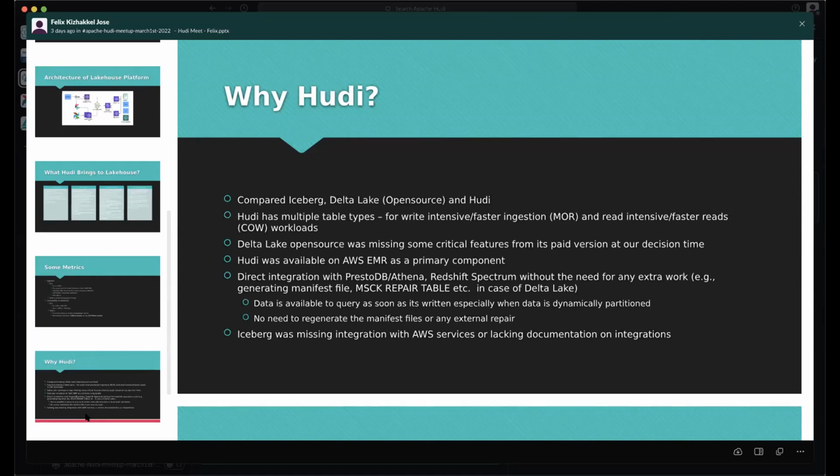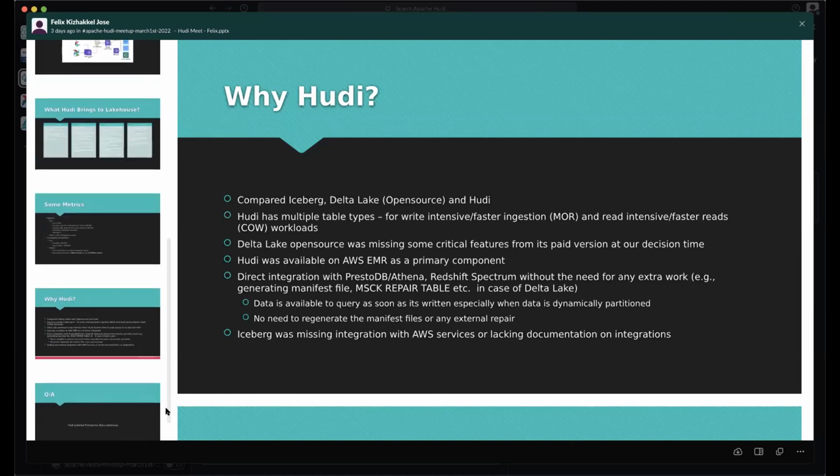Also, it was missing some integrations with AWS services, and the documentation on integration was lacking. So we were not able to get all the information on how to integrate with AWS services and what needs to be done. Those were the reasons Hudi was winning, and so we chose Hudi.